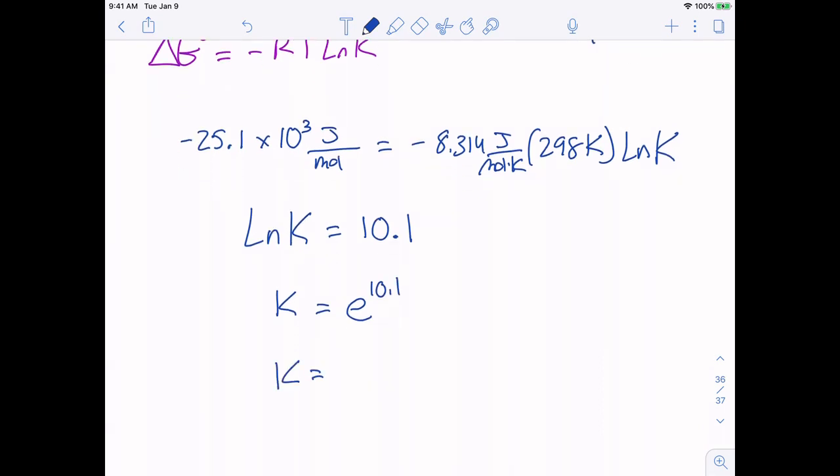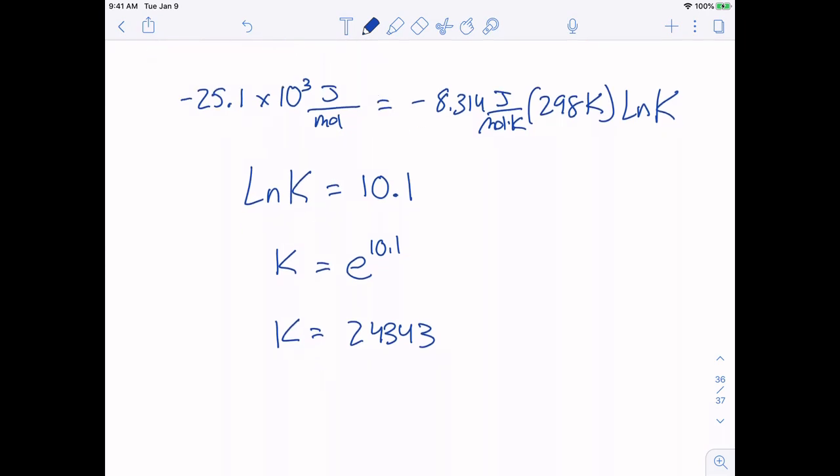On your calculator, it's probably the second function of your natural log key. And I'm going to write the whole thing, and then we'll talk about rounding and sig figs and all that stuff. So 24343. I don't have to put units because I'm solving for an equilibrium constant, which is good because log values don't have units.